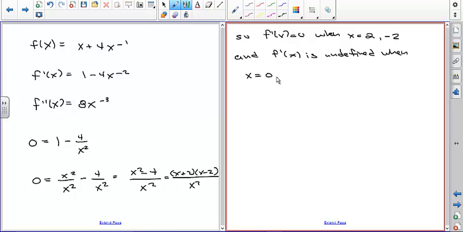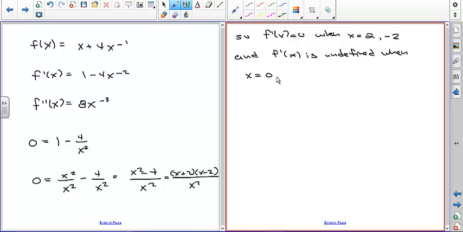So the reason I make this into a fraction, what I did is I made 1 as x squared over x squared and then combined them, is that if I multiplied everything by x squared, I would lose this piece of information.